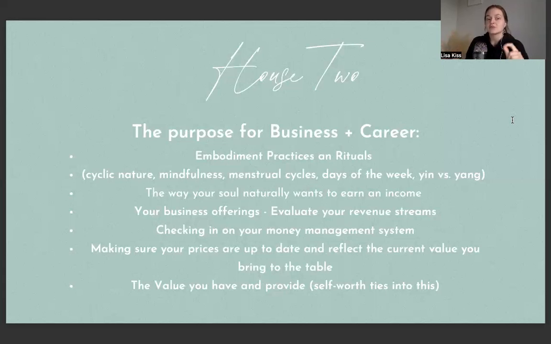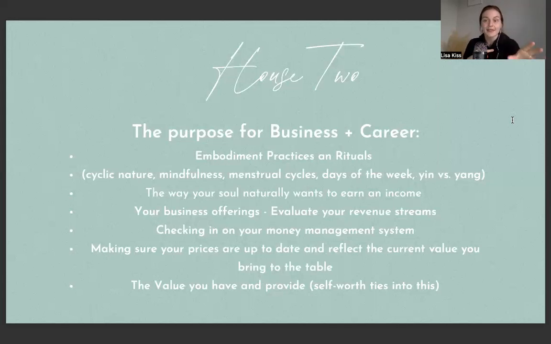So this house will show you your flavor of maybe what embodiment practices and rituals you're going to want to do, or like how many, the time, like it'll show your style of doing that. So I have a few listed: tracking your menstrual cycle, mindfulness and meditation, cyclical nature, using astrology, using the moon, like a planet rules each day of the week.